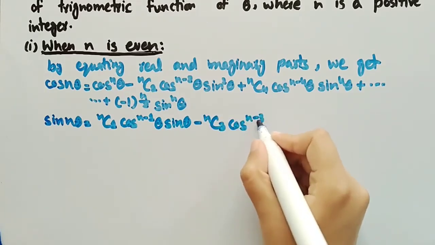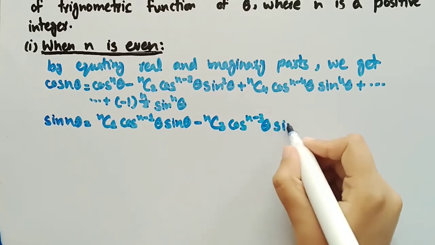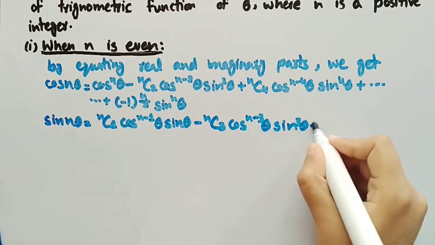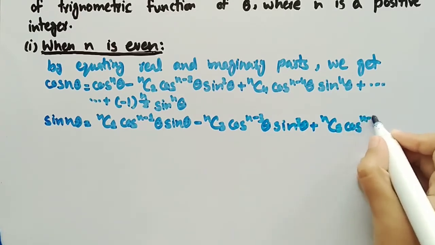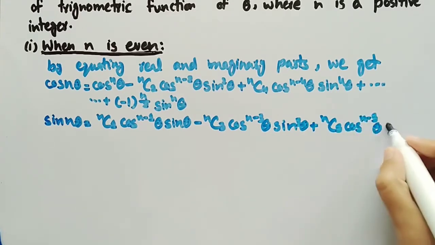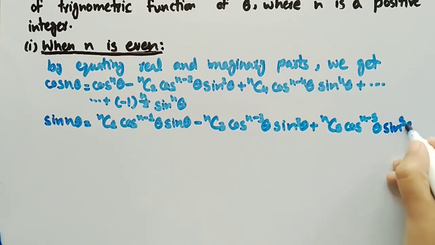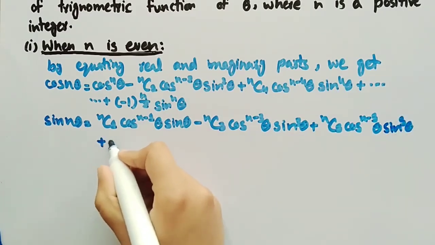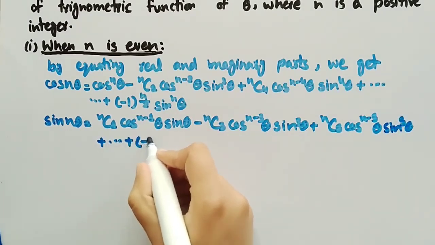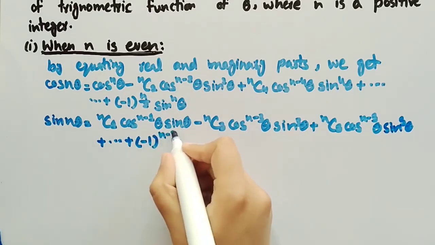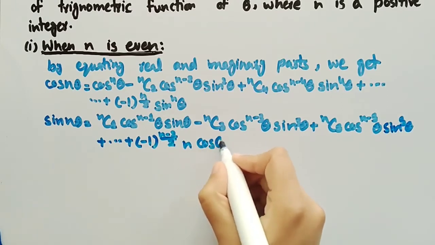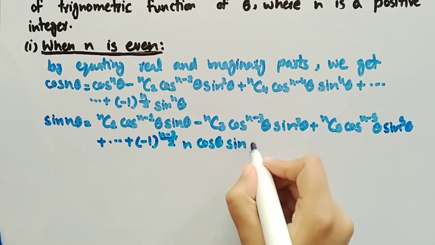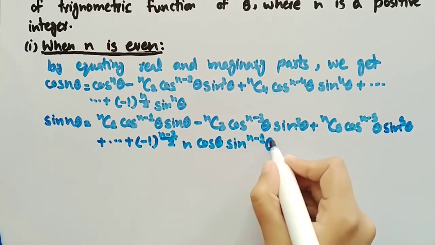minus nC3 cos raised to power n minus 3 theta sine cube theta plus nC5 cos raised to power n minus 5 theta sine raised to power 5 theta plus up to so on plus minus 1 raised to power n minus 2 by 2 n cos theta into sine raised to power n minus 1 theta.